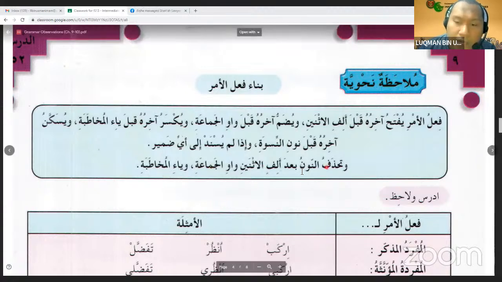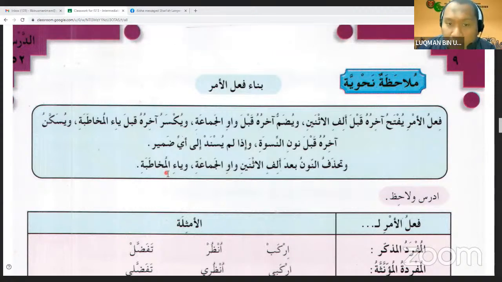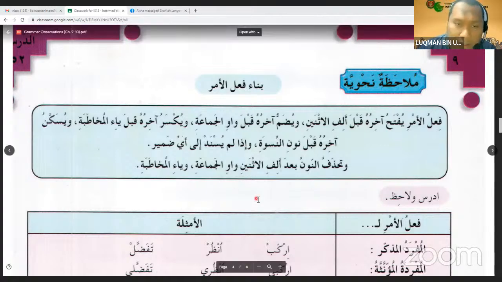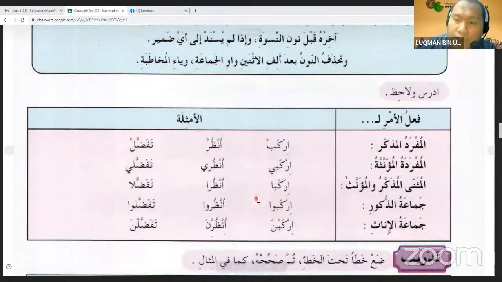All of their nuns are removed when they are attached to the fi'l amr, to the imperative tense. So we will see examples here.